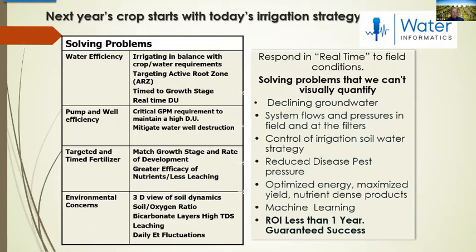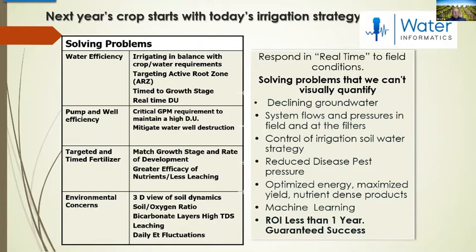So we're looking at how we solve problems: water efficiency, irrigating in balance with crop and water requirements, targeting the active root zone, timing it to the growth stage, and then looking at real-time DU. Our ability to understand the distribution uniformity of a field is critical.